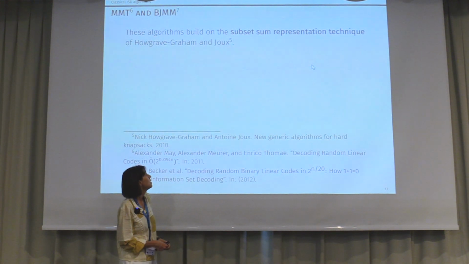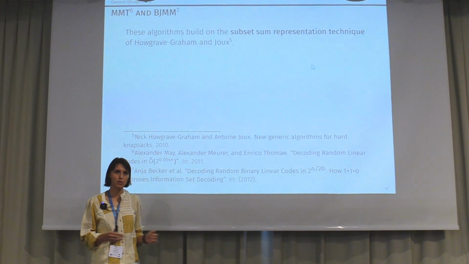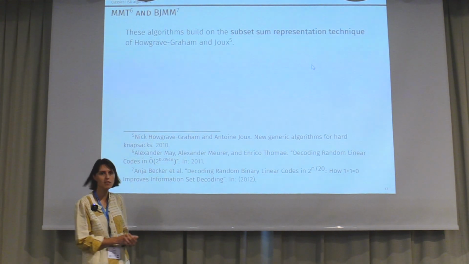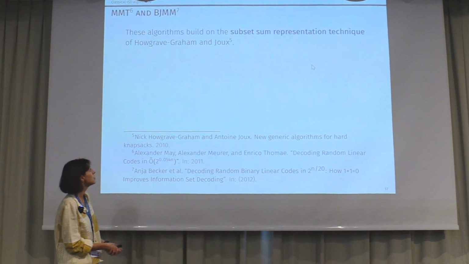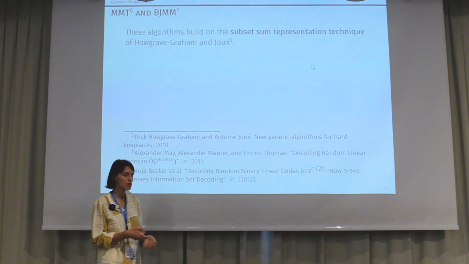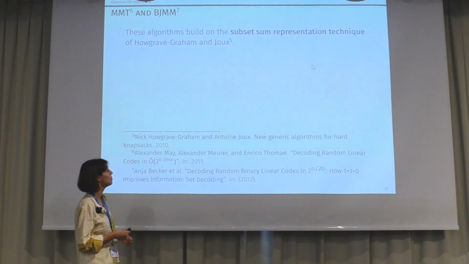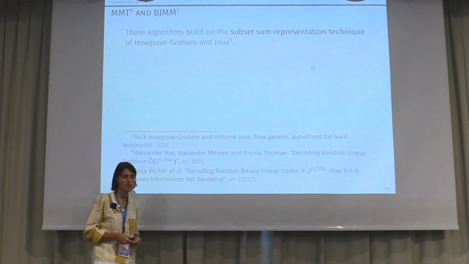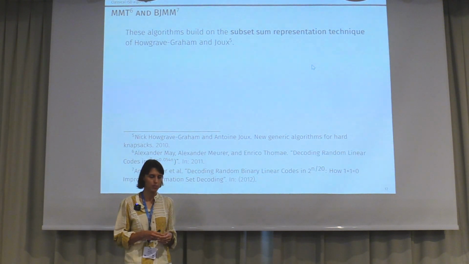So now we are coming to something that is scary in every possible field when you mention representations, representation techniques. I don't know if you have heard of this before, but the representation techniques used in the MMT and BGMM algorithms are also used outside of the field of cryptography.